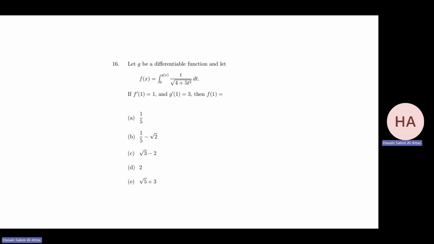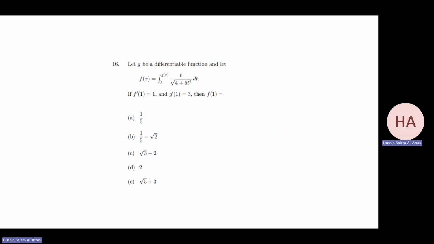He said f prime at 1 is equal to this. Find f at 1. You want f at 1. Okay. Let me see what we're looking for, what is given.